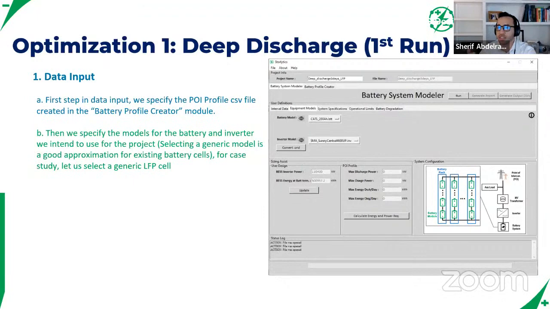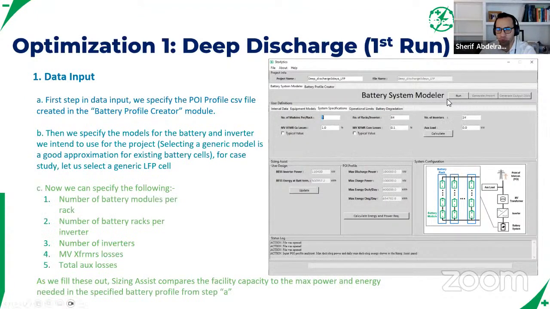So really what will happen is, if you input something that's really off in here, like you have 1,200 modules in series, and that's equating to 100 kilovolts, when you click run, you'll get a message saying that no, your rack voltage is not matching your inverter DC input voltage.